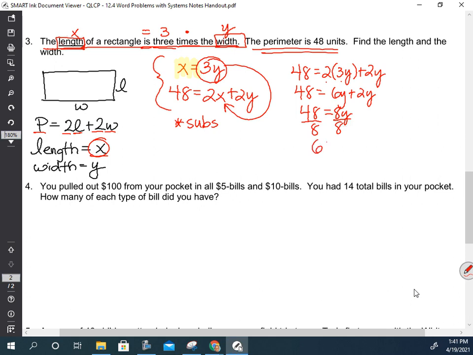Divide by 8, you get 6. So y is equal to 6. So your width is 6 units.